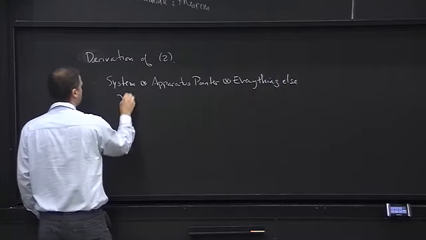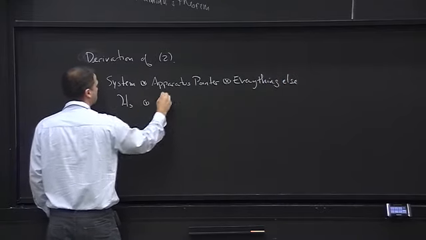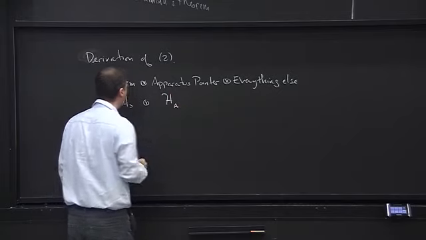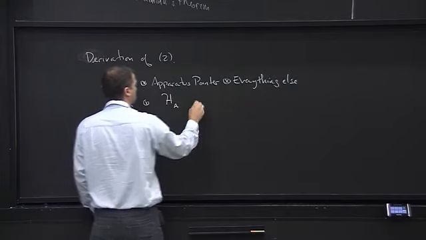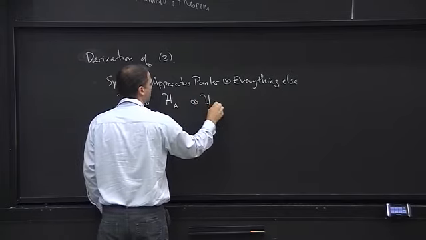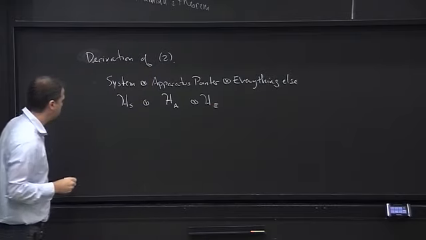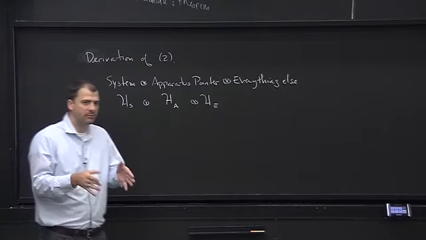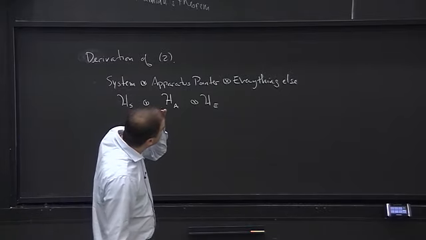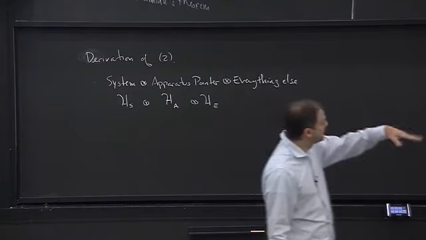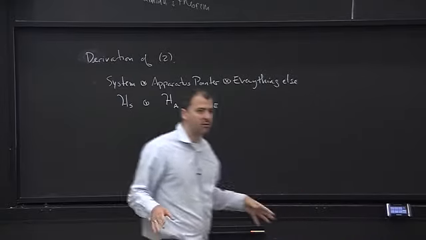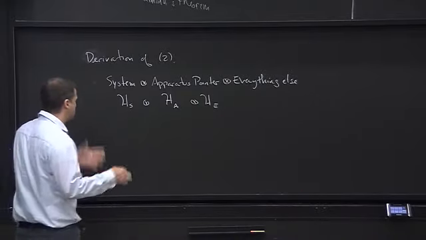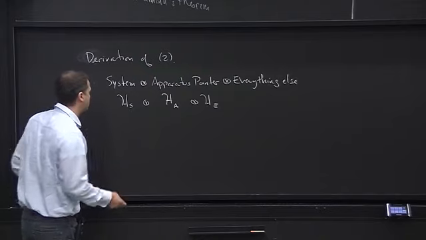Okay, so we're going to have H_S cross H_A cross H_environment. And then we have some system states. I'm not going to derive the general rule for non-degenerate cases. I'll just show you an example of how you get this phenomenon with the non-degenerate model of a two-level system.